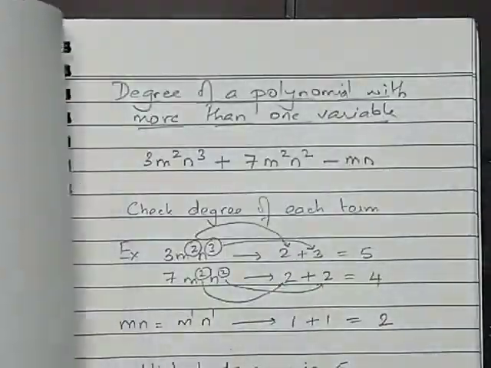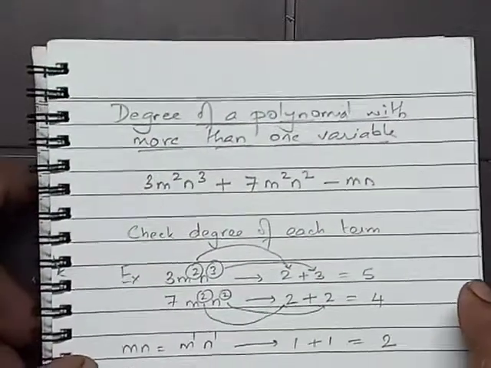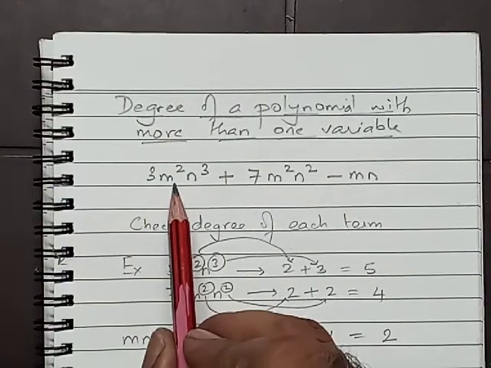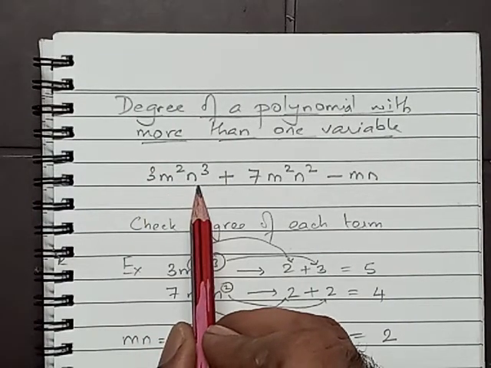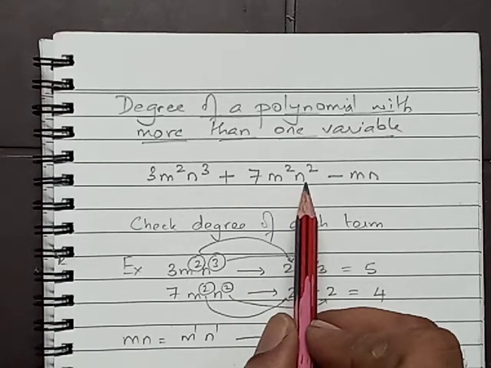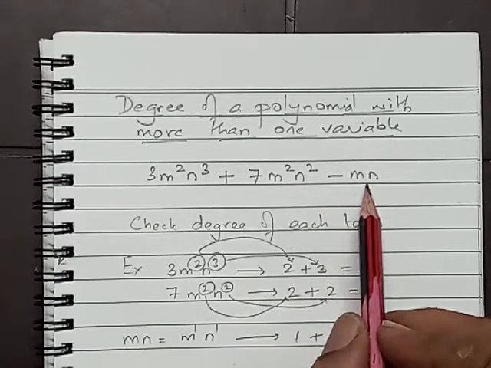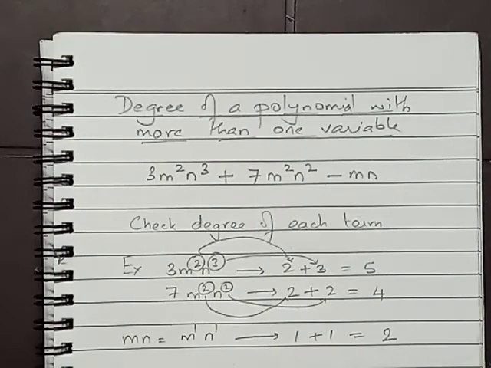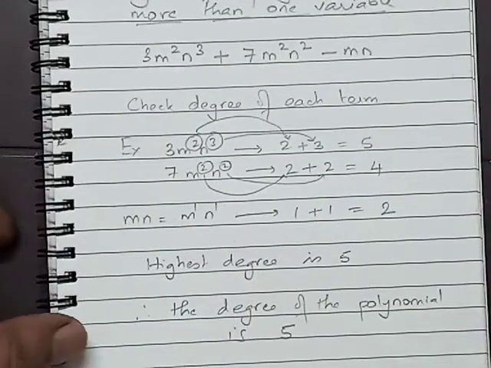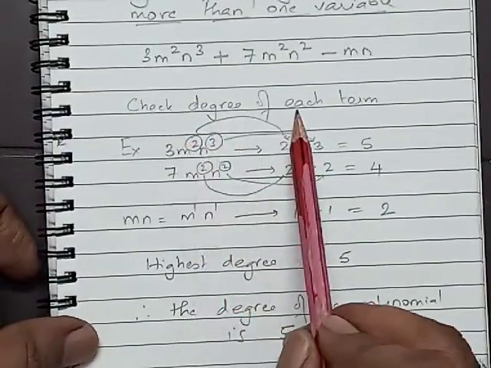So what about terms with more than one variable? Like for example, look at this. 3m square n cube plus 7m square n square minus mn. Now there are two variables. Now how will I find out what is the degree? Now the rule says that we check the degree of each term.